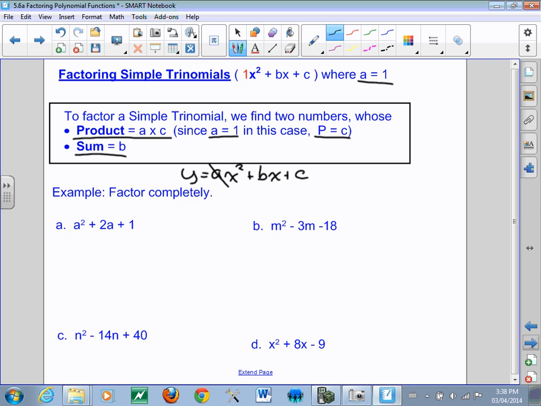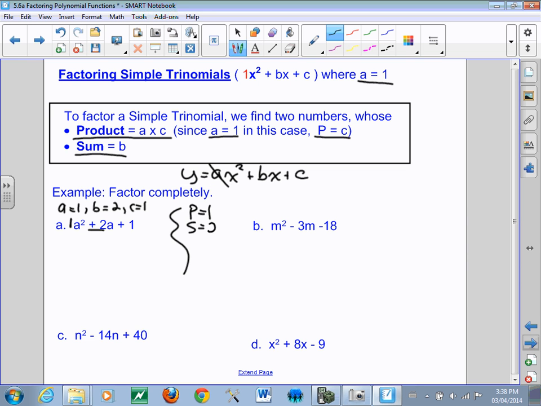Okay. So taking a look here, just to classify this, a equals 1, because 1's right here. B equals 2, because it's in front of a. And, sorry, c equals 1. Depends on what teacher you've had in the past. For me, I always go product equals 1.